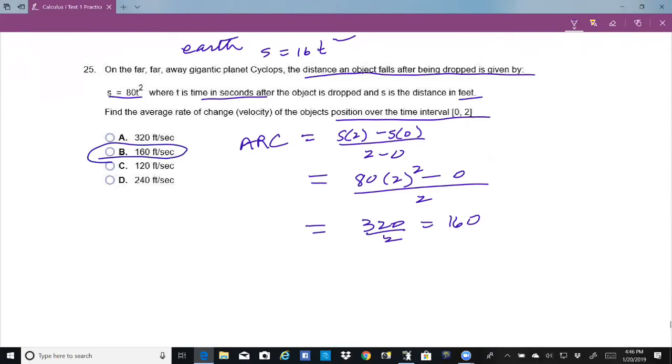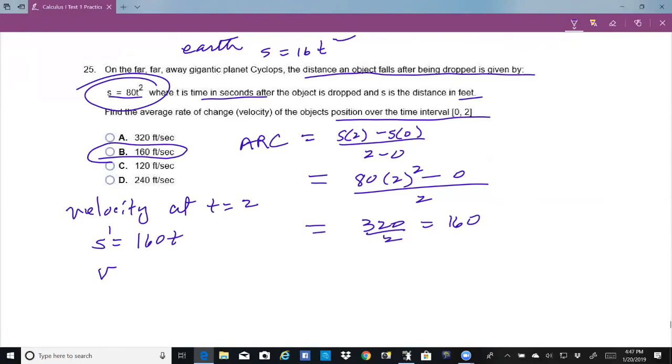Now on the test, I could possibly turn this around and ask you to find out what is the velocity instantaneously at t equal 2. In this case, you would have to calculate the derivative, in which case the derivative would be 160t, and the velocity, in other words, the velocity is equal to S prime.